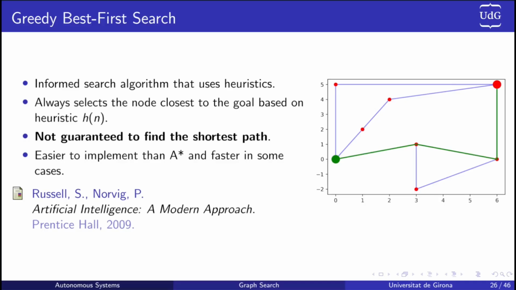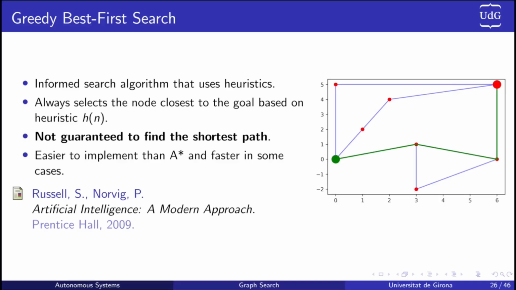Well, let me explain. The greedy best first search is, as I told you, an informed algorithm. It means that it uses a heuristic, and that this heuristic has to be at least admissible, and this is the minimum thing that we require of this heuristic. It's not guaranteed that the path that we find using the greedy best first search is the shortest path. This is not guaranteed, okay?